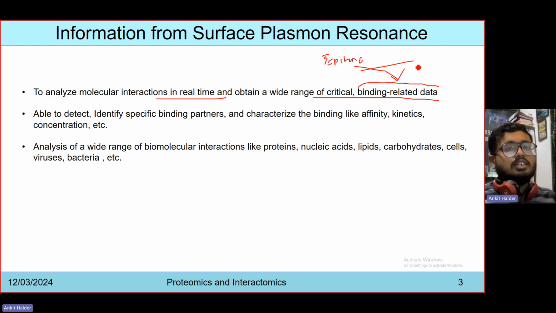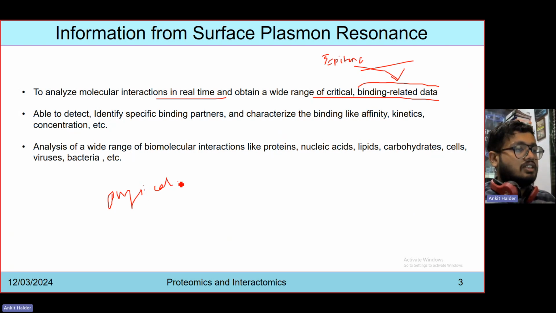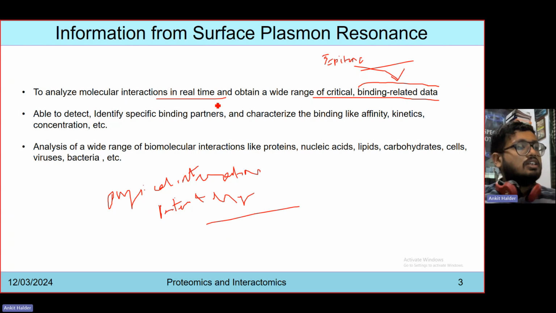Also if you design a certain kind of drug, you can find out the physical interactions between your protein and drug, and you can find out if it is binding or not and what the specificity is.